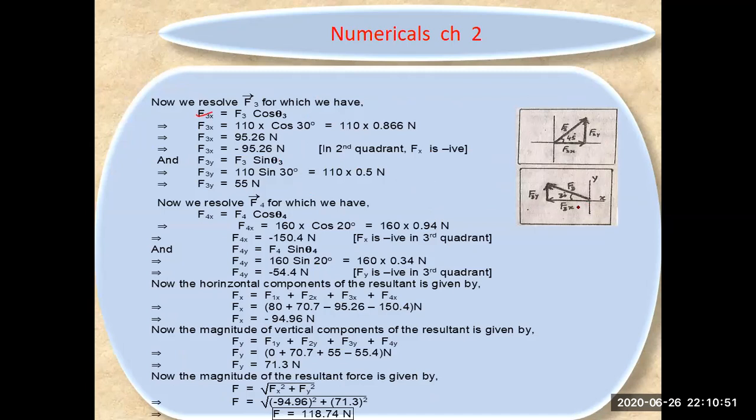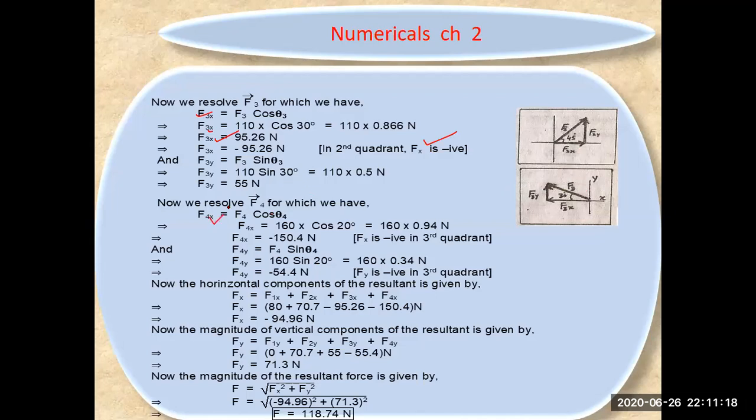Again, you see this is the concept. So you have calculated F3x, this is F3, and this is the first quadrant and this one is the second. In the second quadrant, the value of x is negative, so that's why it is taken as negative. And in the third quadrant, both x and y will be negative. But in the fourth, x will be positive and y will be negative.